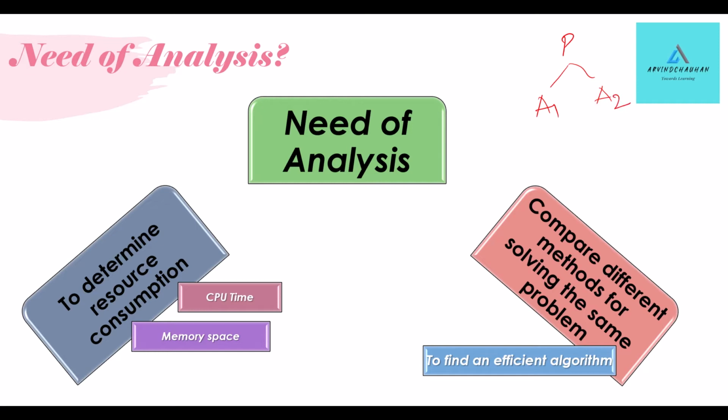So how can you identify whether algorithm A1 or algorithm A2 is good? That depends on the analysis. You will analyze your algorithm A1 and the other algorithm A2, and based on the analysis you can say which one is good.